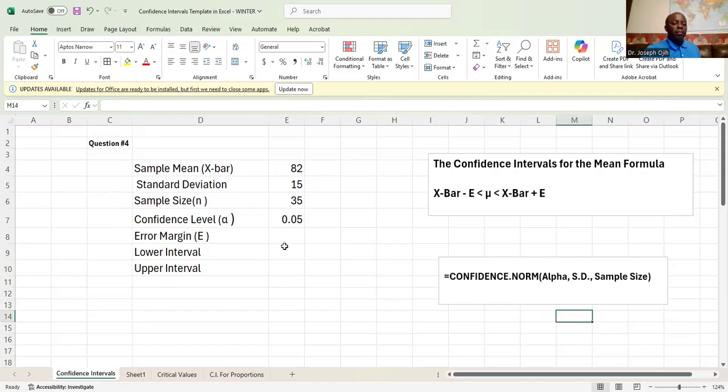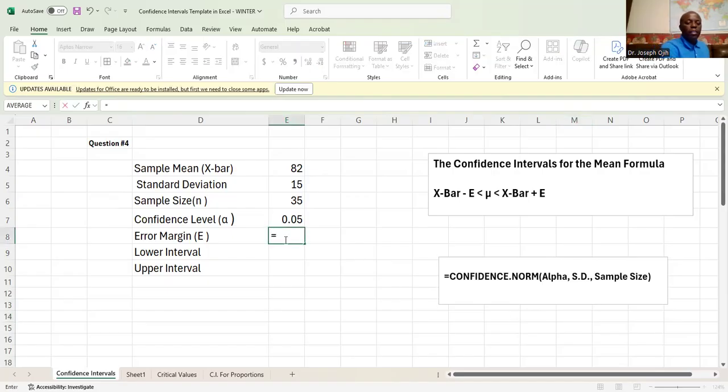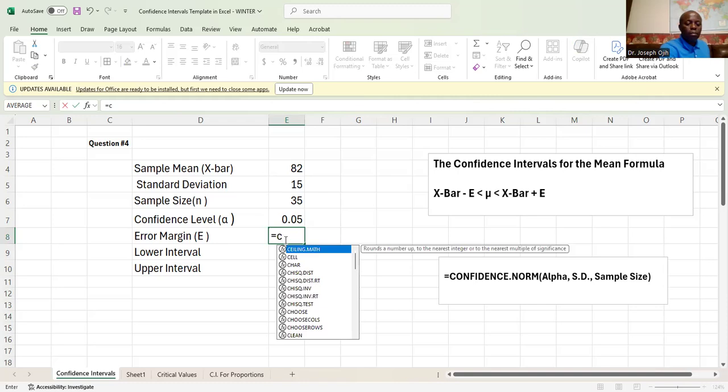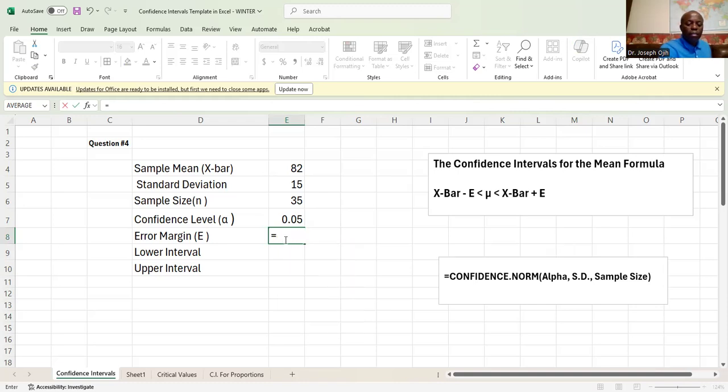So now let's put it right here. Confidence dot norm.